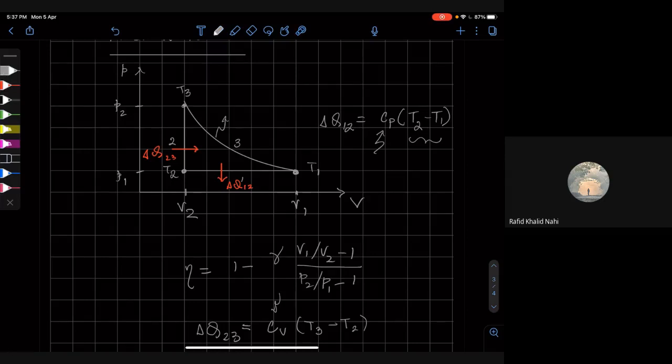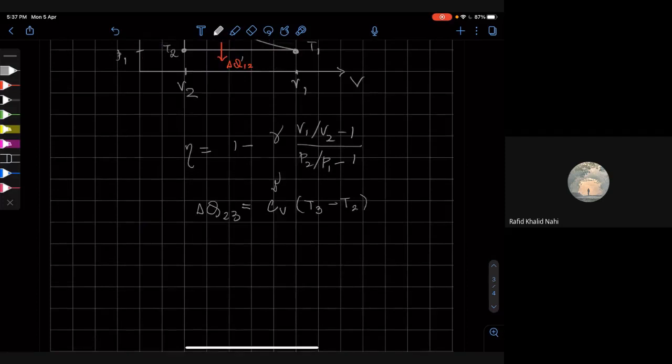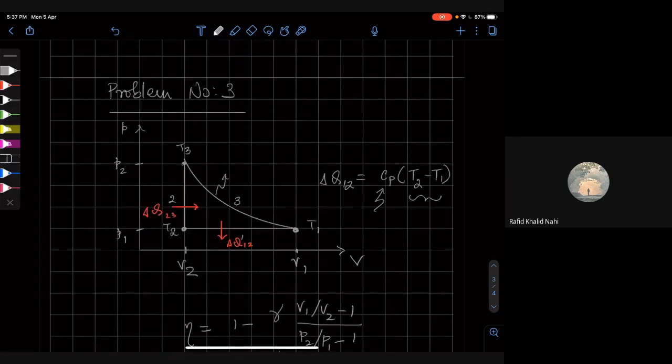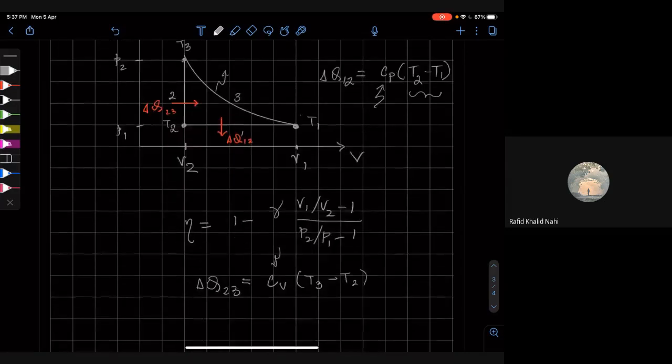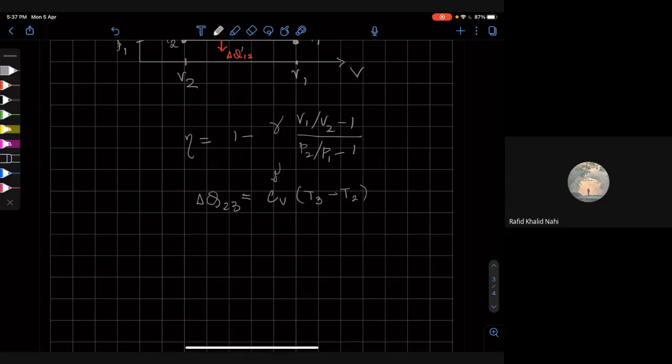Okay. So now we know that after a cycle, we are back at the same point, right? Therefore, the change in internal energy must be 0. So that means that the work done in going around the cycle must be equal to the total heat exchanged, which we know is simply delta Q12 plus delta Q23.